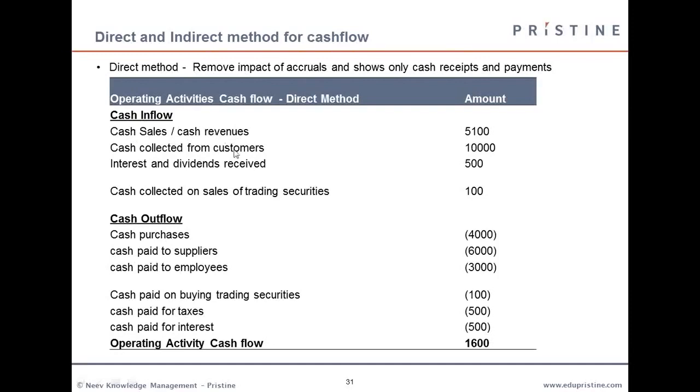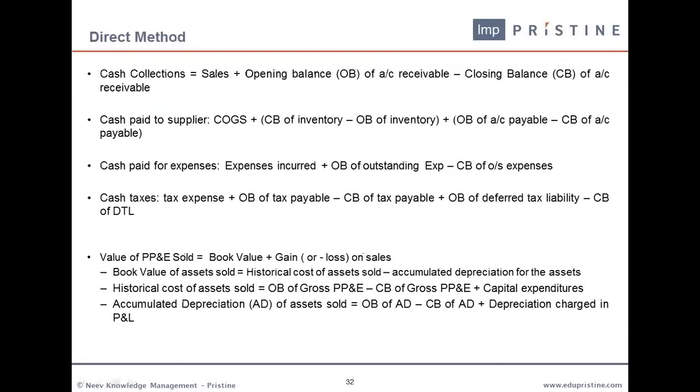Here we directly have cash sales or revenues, the cash collected, interest and dividends received. These are the items that I earlier mentioned for you as operating activities. So I put up some values for them for your understanding. So directly we take all of these and try to find the operating activities, and here are some basic formulae to calculate all these.